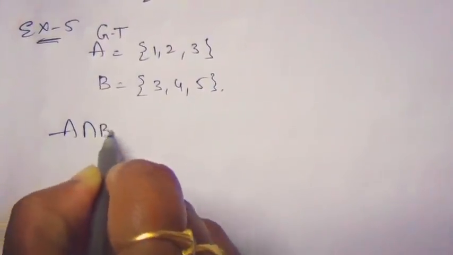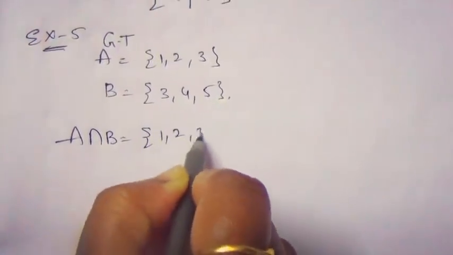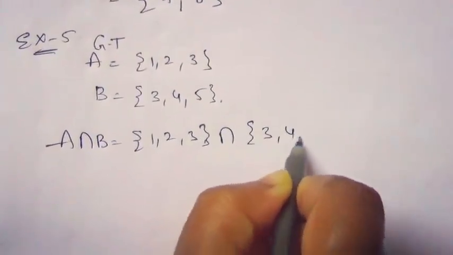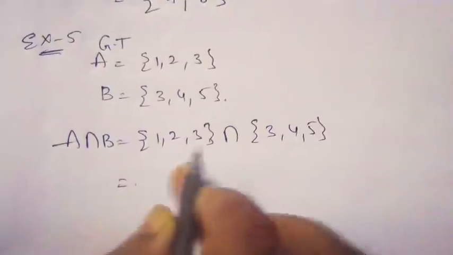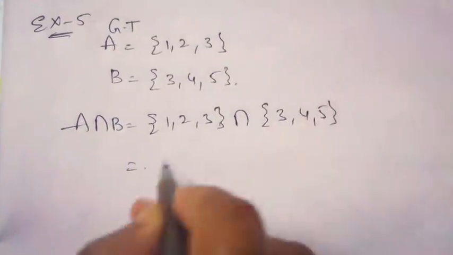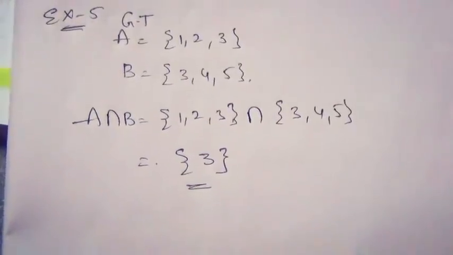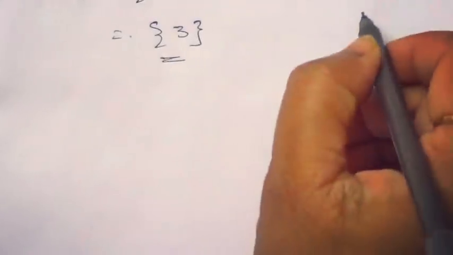So A intersection B is equal to {1, 2, 3} intersection {3, 4, 5}. What are the common elements present in both? Only 3. That is the answer. By using this Venn diagram, how can you write? The common elements only you have to write, right?